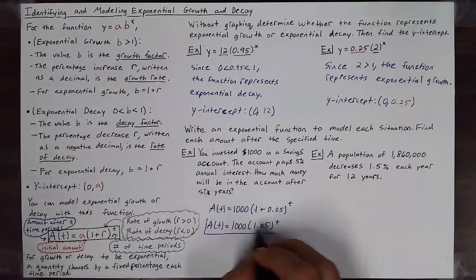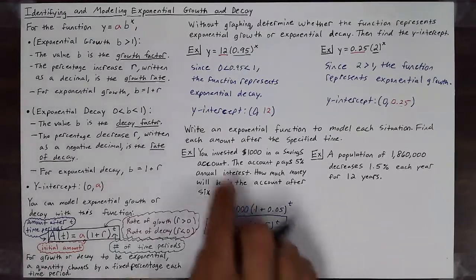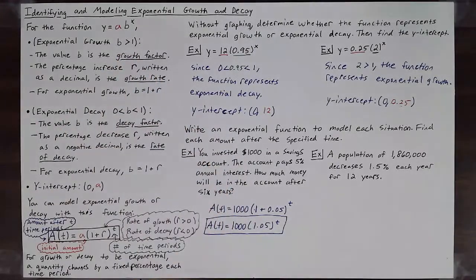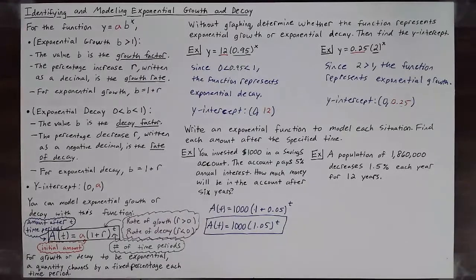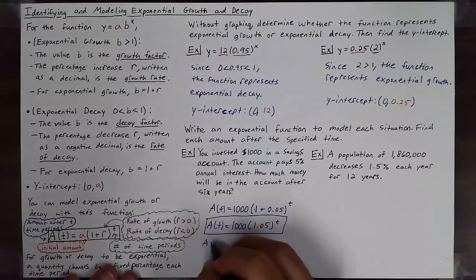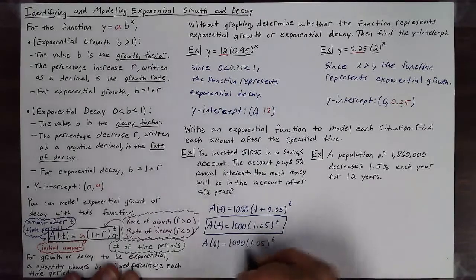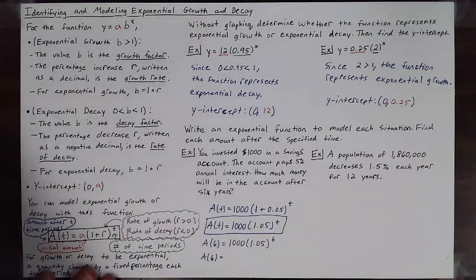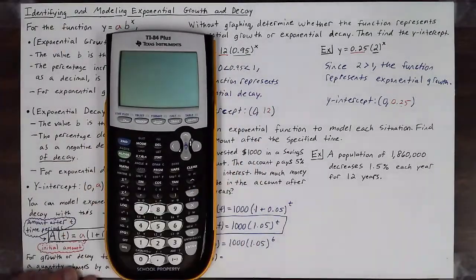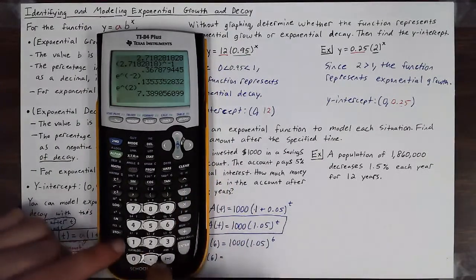So you can see here my y-intercept would be 1,000, and I should grow to the right because 1.05 is bigger than 1. Now, if I want to figure out how much money is in my account after 6 years, all I need to do is plug in 6 for t, and it will tell me. Now, we'll use a calculator to calculate this to save a little time, because that would be very tough to do in your head or by hand.